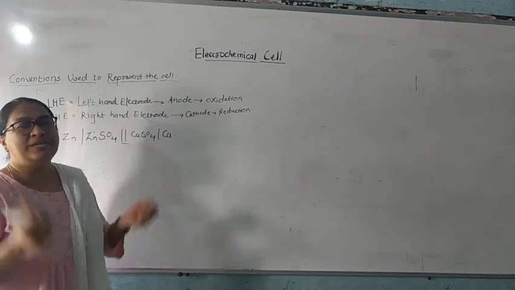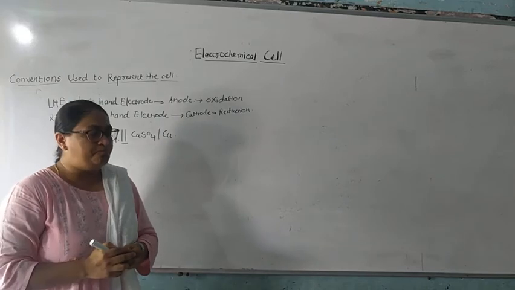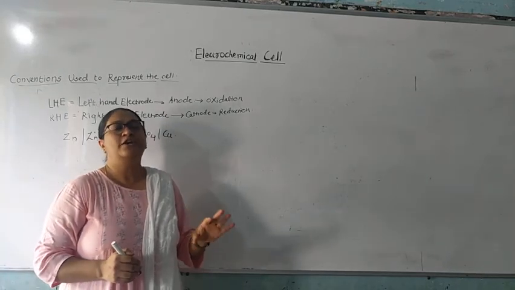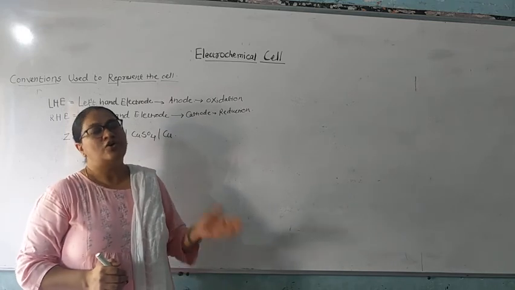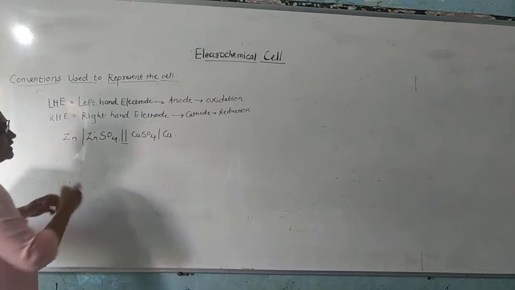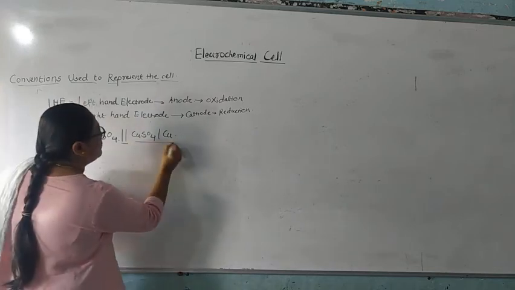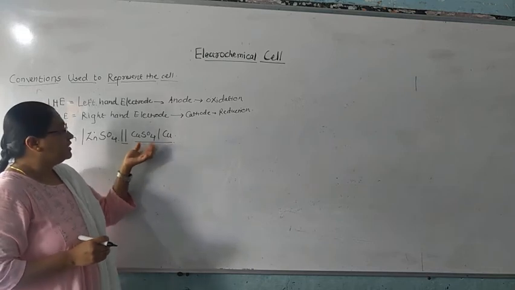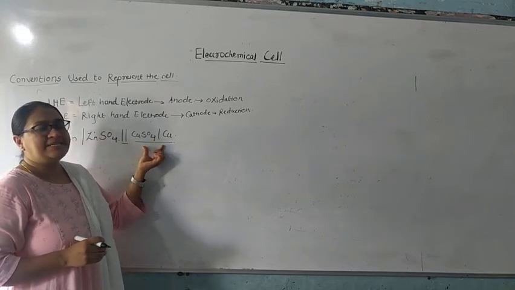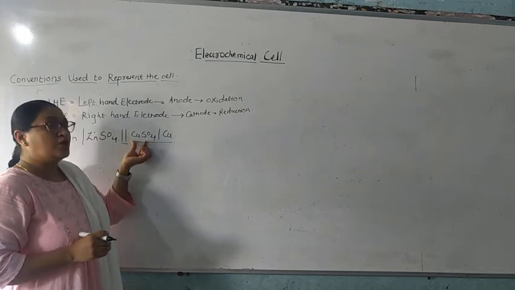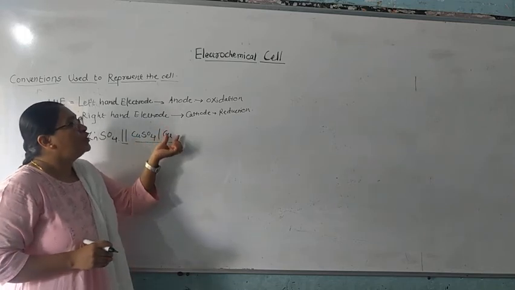The next convention is that whenever the left hand electrode is where oxidation is taking place, and the right hand electrode is where the reduction reaction takes place, in such cases, while representing the electrode, on the right hand side first the solution is written and then the metal rod.